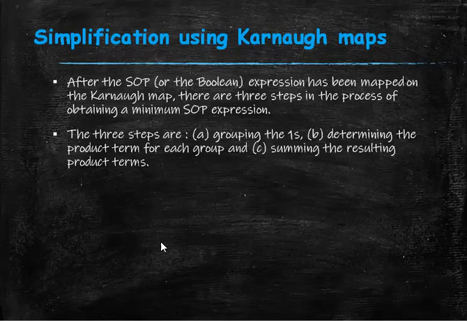The first step to simplify the Boolean expression is grouping the ones, the second one is determining the product term for each group, and the third is summing the product terms.